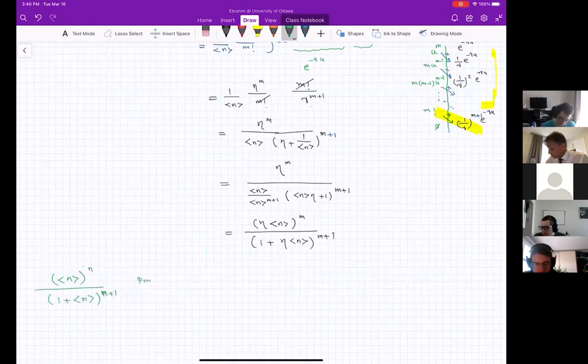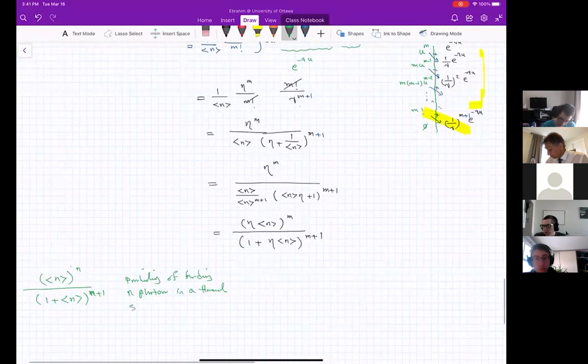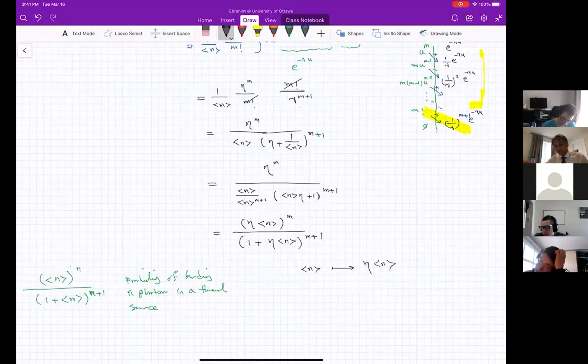That is the probability of finding n photons, remember, n identical photons in a thermal source. And here, what happened? The only thing that has changed is that the average photon number n is changed to be eta n. Everything else is the same probability. Good?